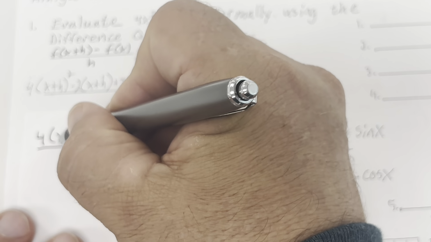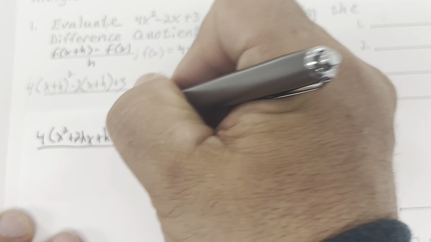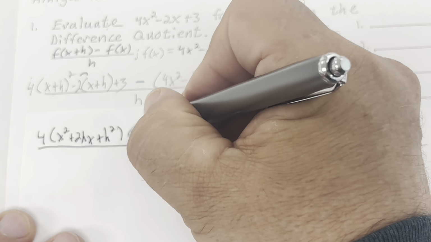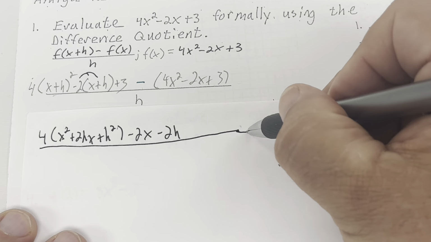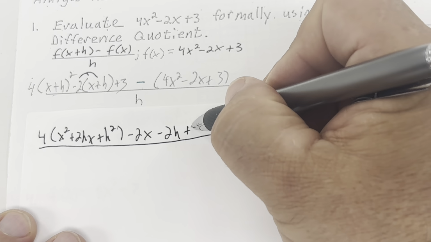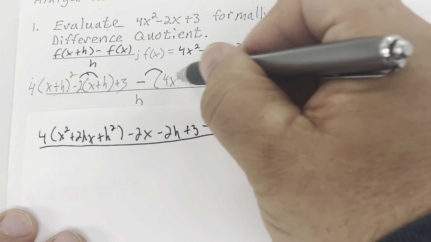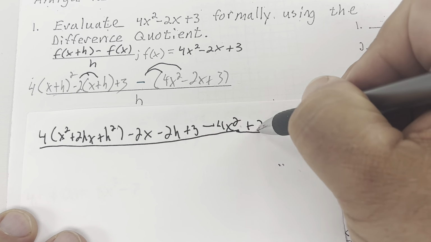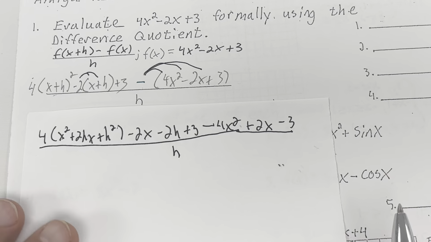And x plus h times x plus h is x squared plus 2hx plus h squared, minus 2x minus 2h, plus 3 minus 4x squared plus 2x minus 3 all over h.